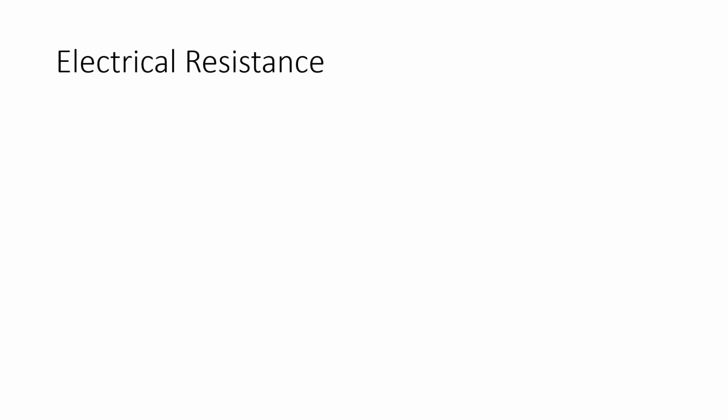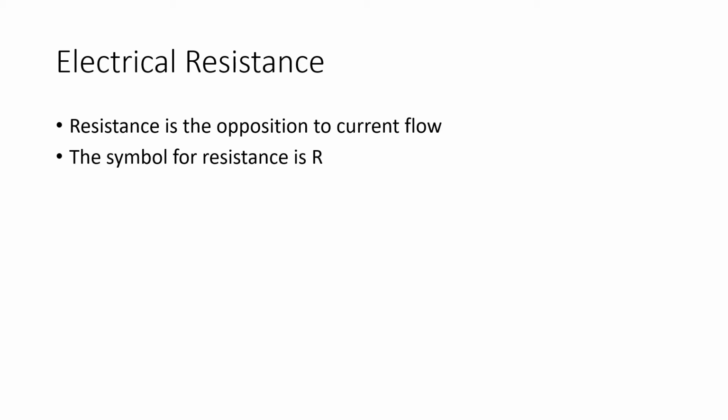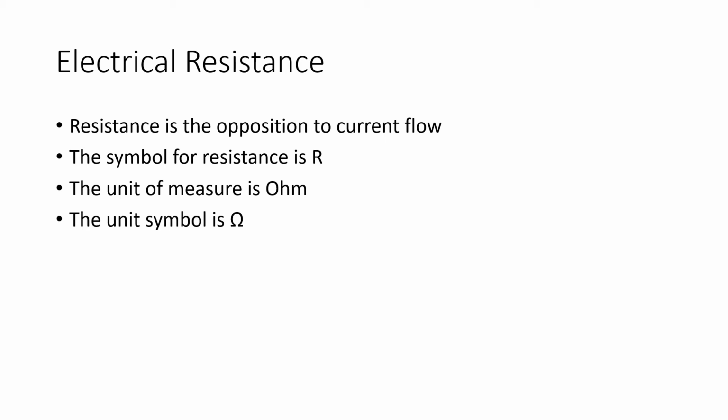The next quantity is electrical resistance. Resistance is the opposition to current flow. The symbol for resistance is the capital letter R. The unit of measure is the ohm, and the unit symbol is the Greek letter omega.